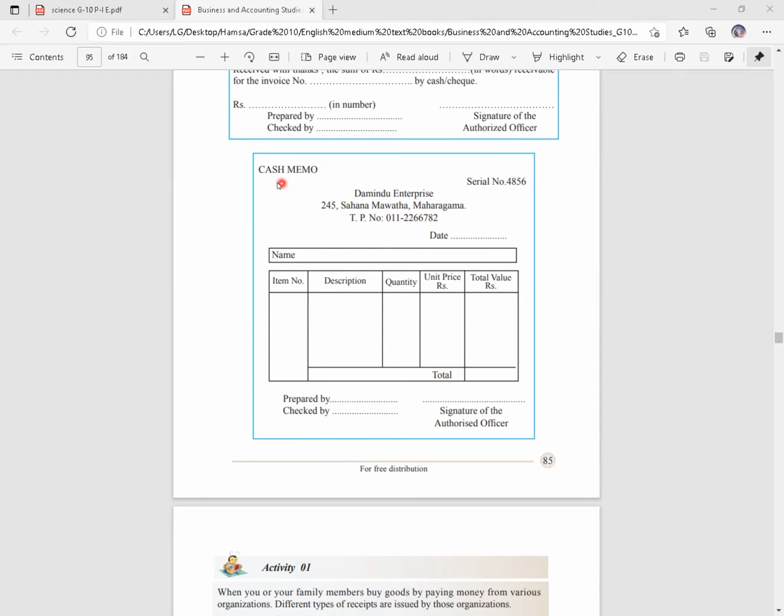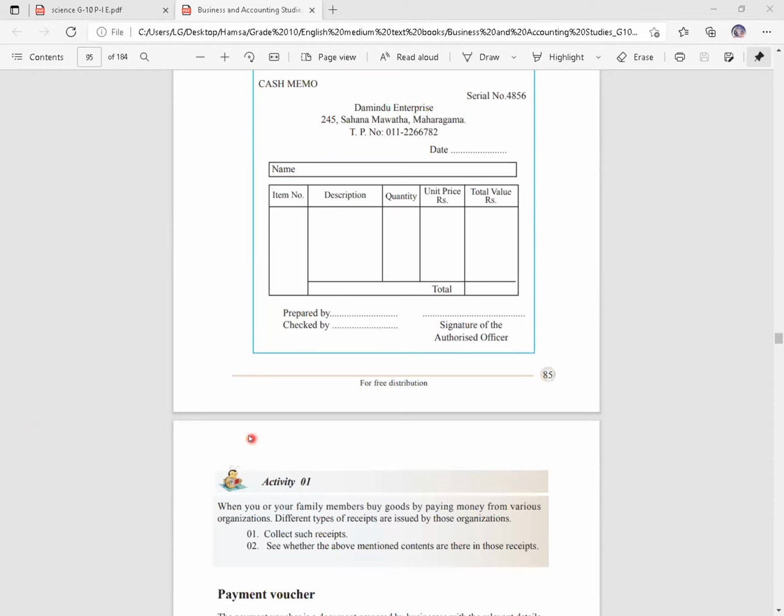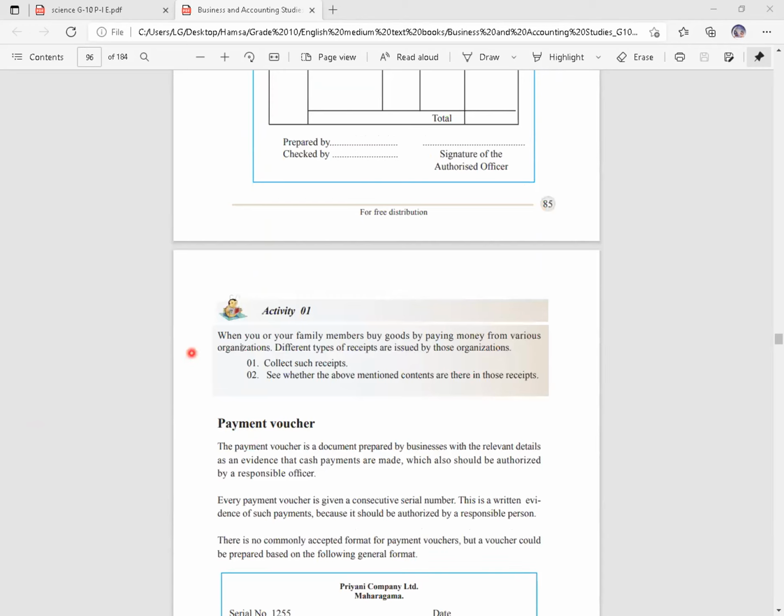This is not the invoice. Invoice also has the same format, but this is a cash memo. Why? When you give this to me, I will be immediately paying you, right? So that is the format.